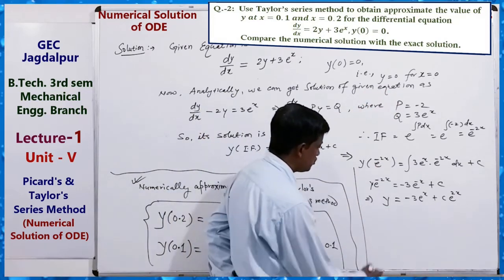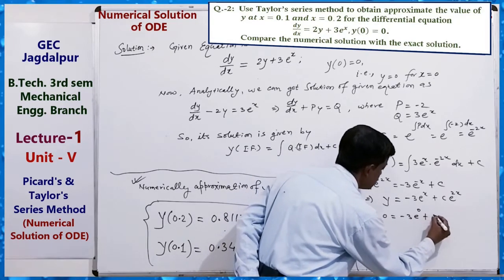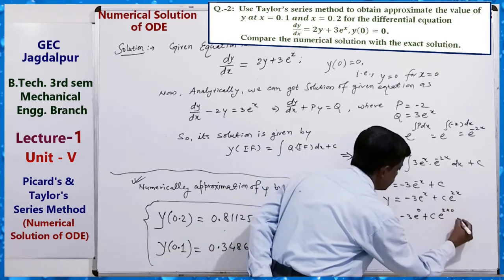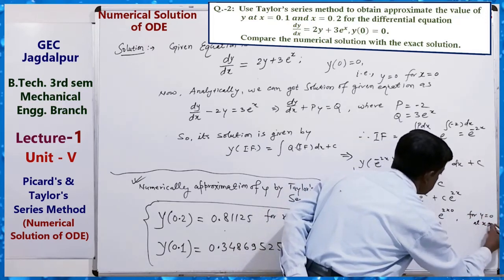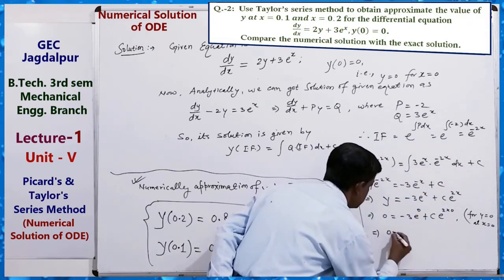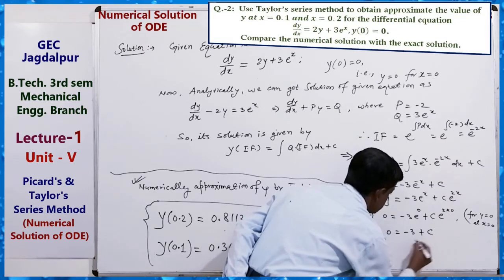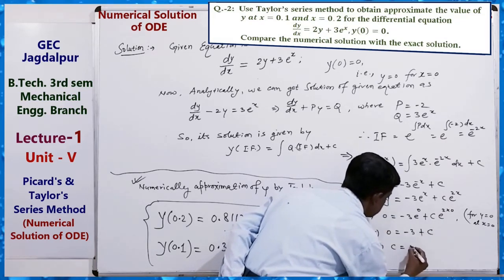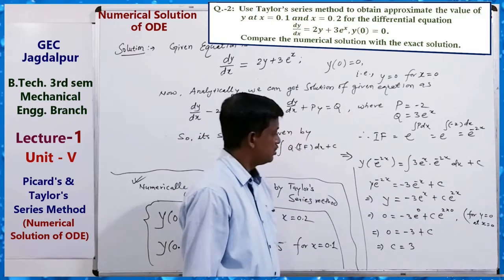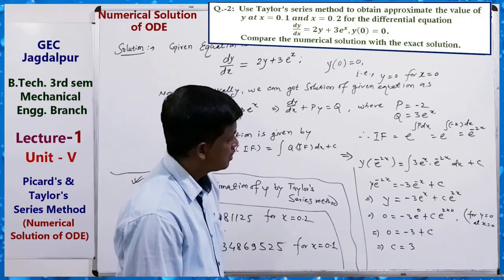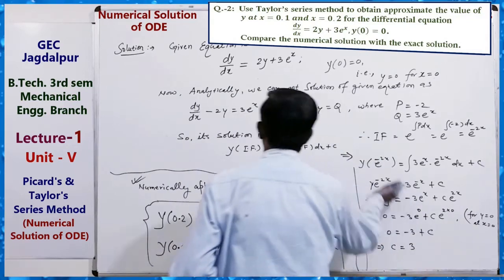So put x equals 0, y equals 0. This implies 0 equals minus 3 e to the power 0 plus c e to the power 2 into 0. Okay, so from here we get minus 3 times 1 plus c. So c equals 3. Okay, c equals 3, so 3 e to the power 2x minus 3 e to the power x is the exact solution.